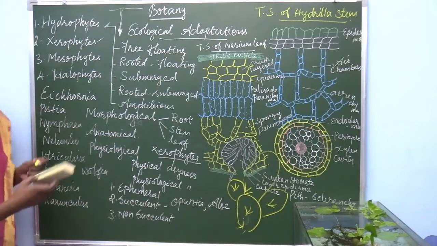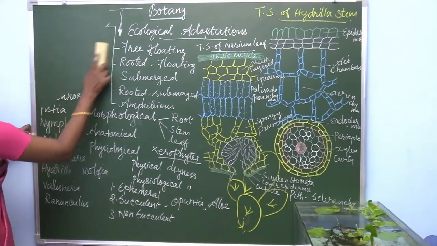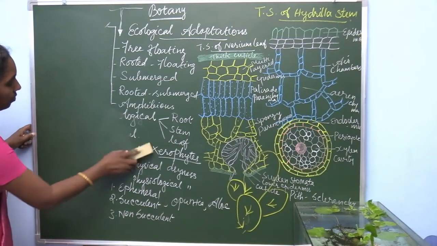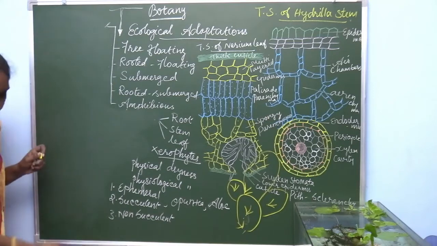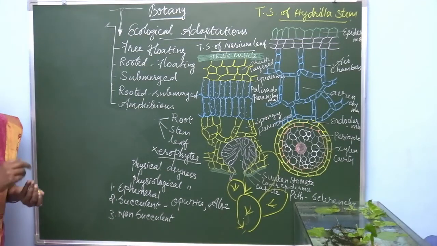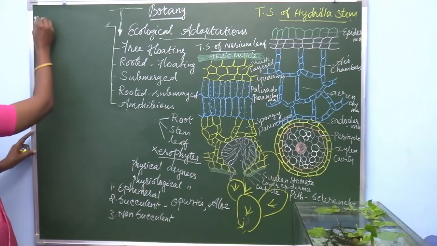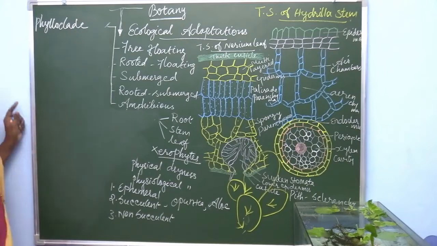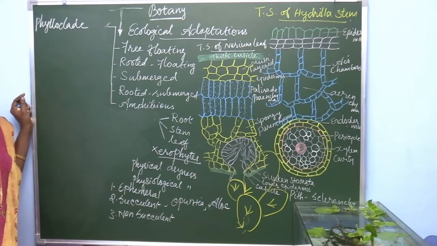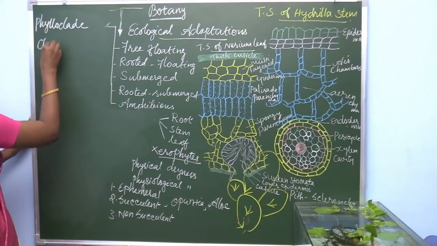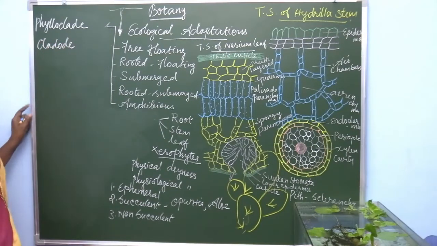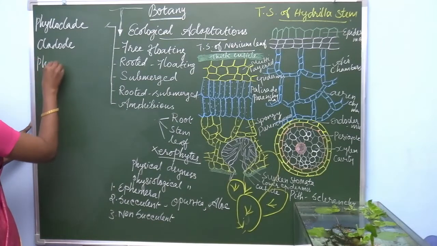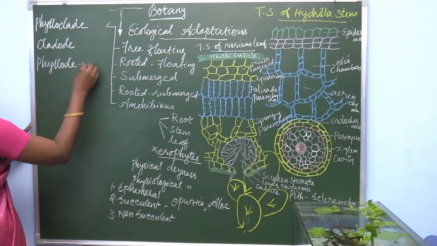They are phylloclade, observed in Opuntia, cladode, and phyllodes in Acacia.